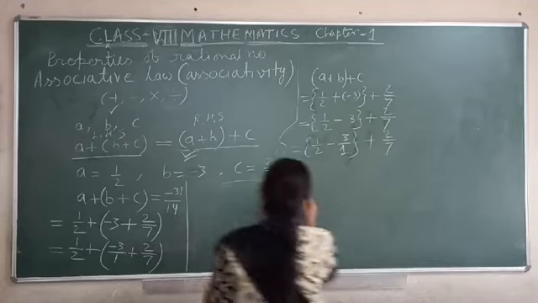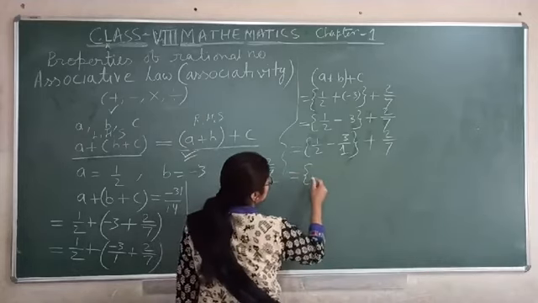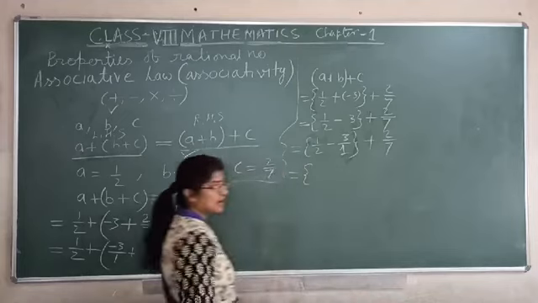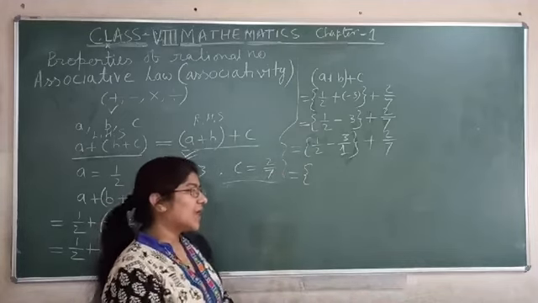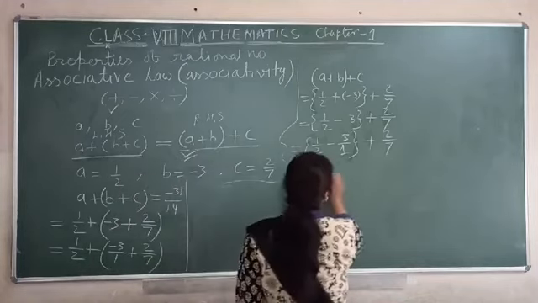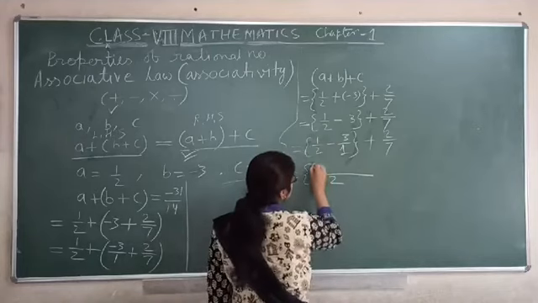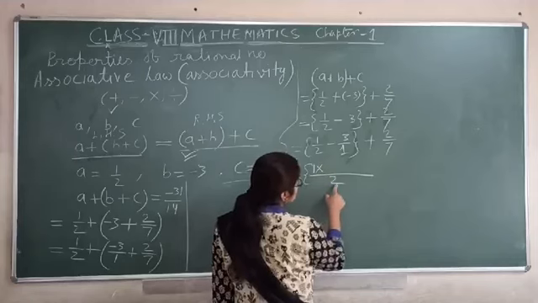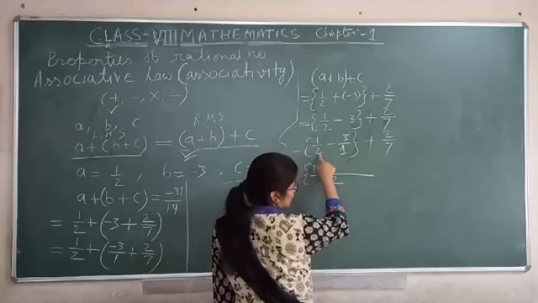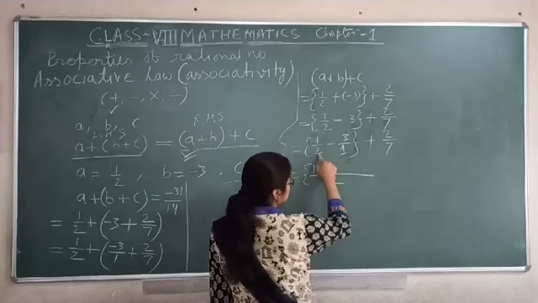Okay, now look, bracket, now you have 2 and 1. I told you when you have 1 and any number, so greater will be LCM, so 2 will be LCM. 1 as it is, 1 into this 2 divided by this 1. LCM divided by denominator.